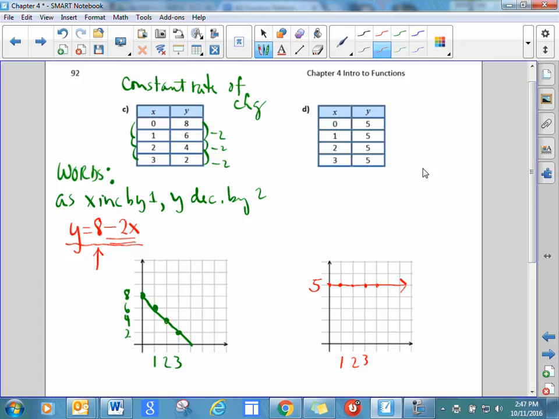And we ask ourselves, is this a linear function? Well, it forms a straight line. Is the rate of change constant? Well, yeah, it is, because the rate of change is 0. From every y to the next y, there is no change. So this is considered a constant rate of change.